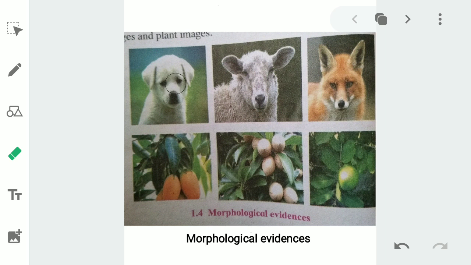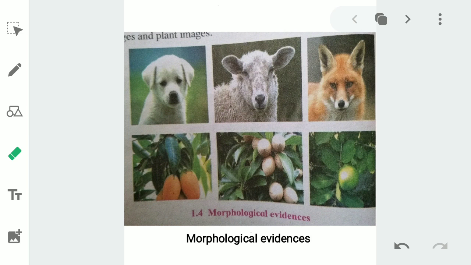See the structure of eyes, see the face structure is somewhat similar, the ear pinna is there, right? The bodies are covered with thick hair, the hairs are very thick, right? So the body is also covered with hair. So all these similarities we can see in these three animals.